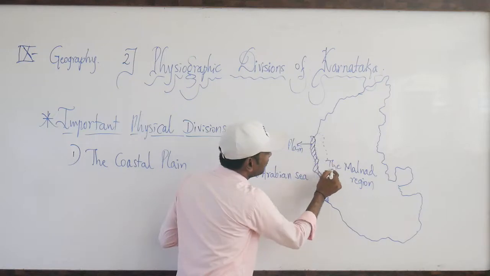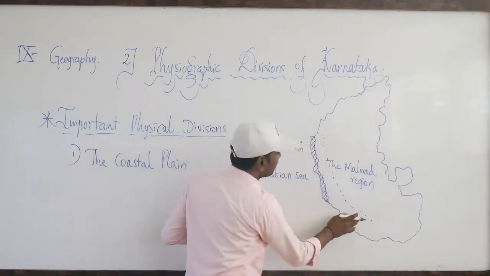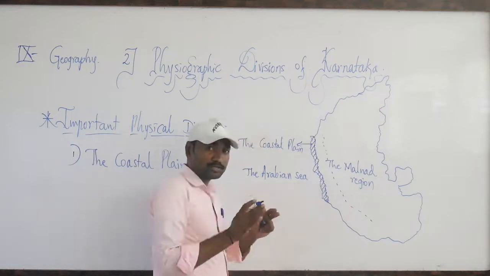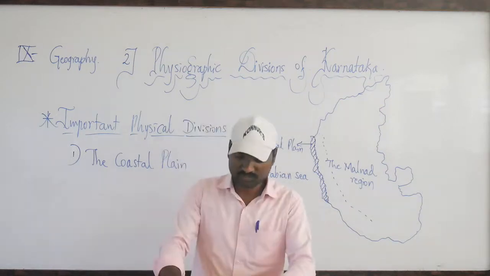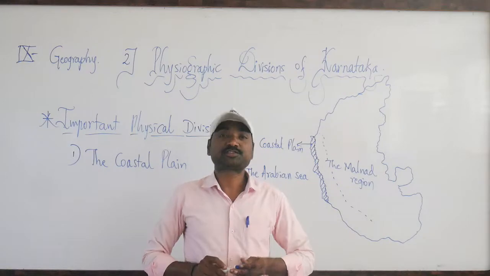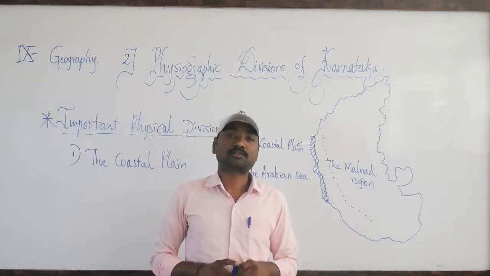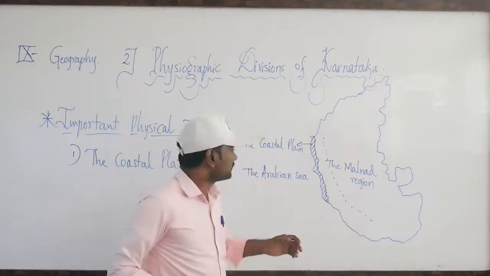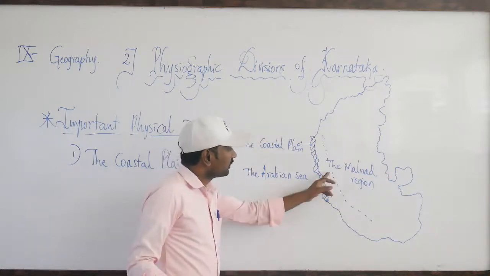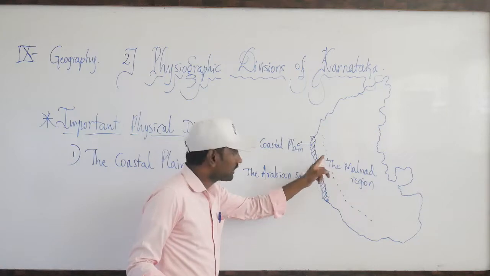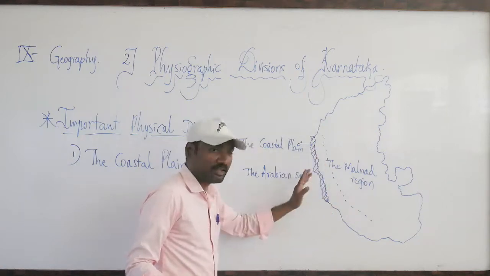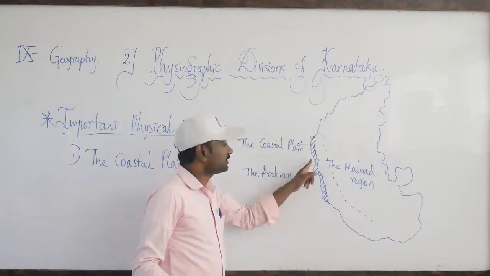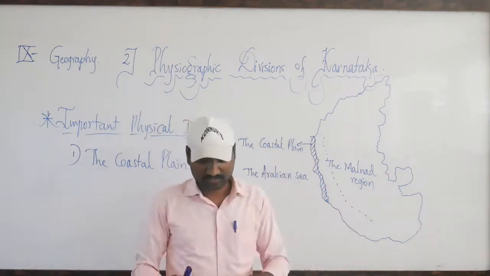Coastal plain is the area which is attached to a water body or sea. This area is located between the Malnad region on the eastern side and the Arabian Sea on the western side. In between, we can see this coastal area.